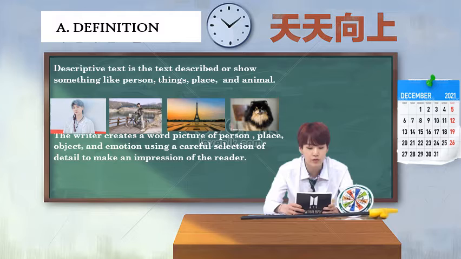So, descriptive text is the text that describes something in order for the reader or listener to be able to get the same sense as what the writer experienced with his or her six senses like look, smell, feel, act, taste, and sound.